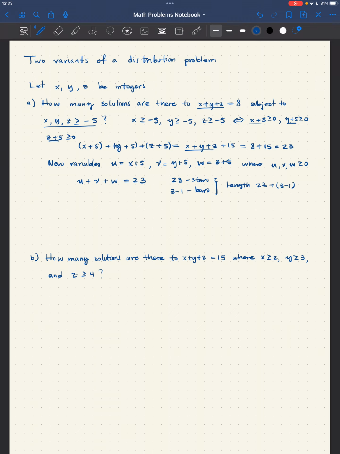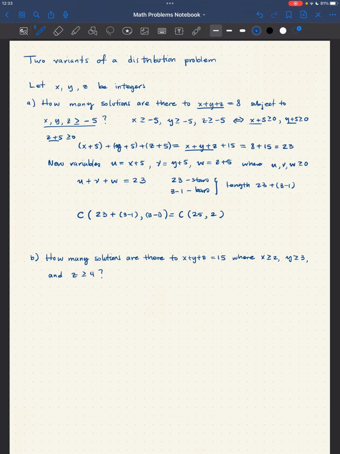And on that sequence, we select 3 minus 1 spots to place our bars. So this becomes the following count: C of 23 plus 3 minus 1, comma, 3 minus 1, which of course we can reduce to C of 25, comma 2.